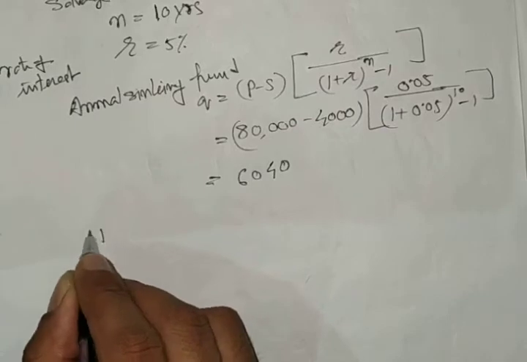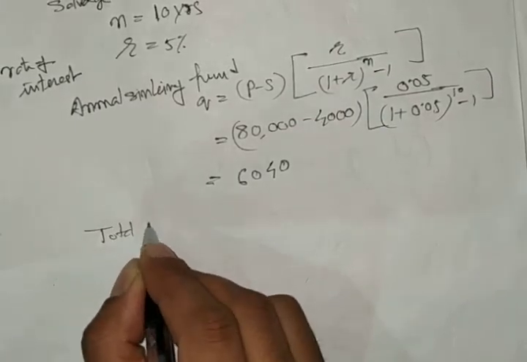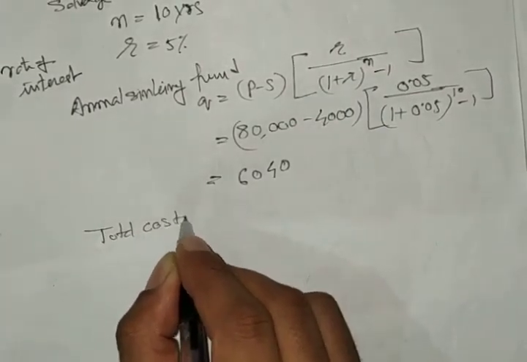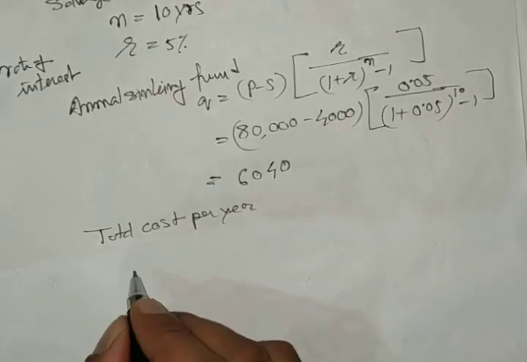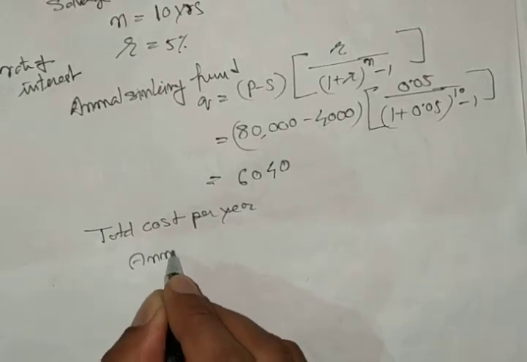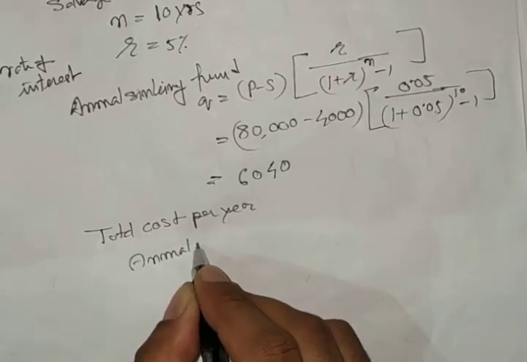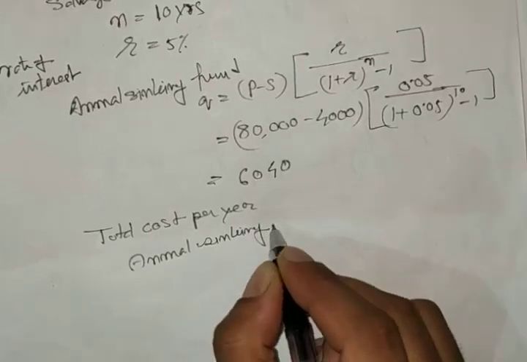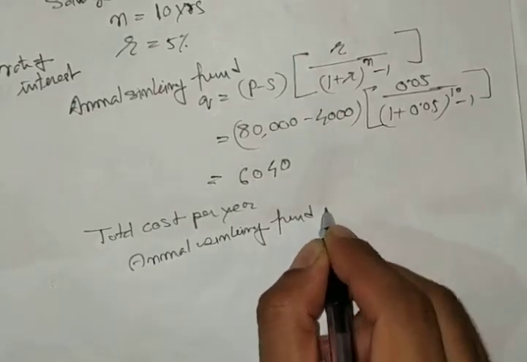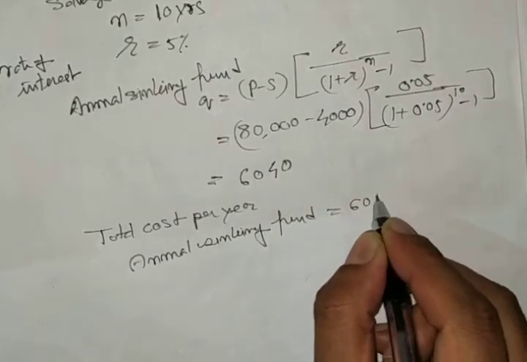So the total cost per year will be what? The annual sinking fund, this is your 6040.